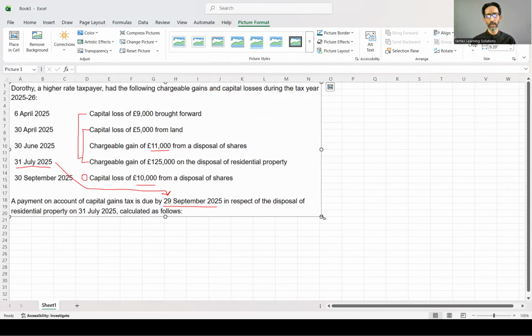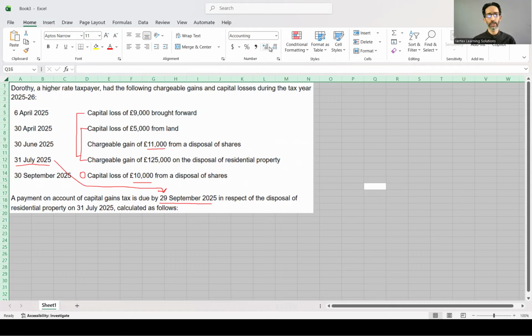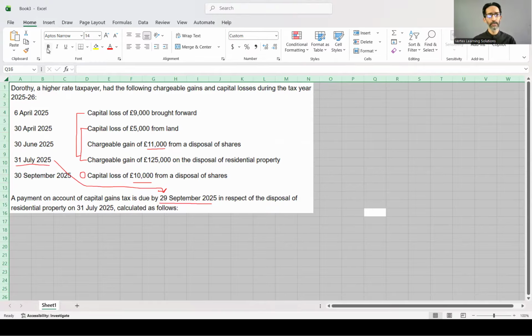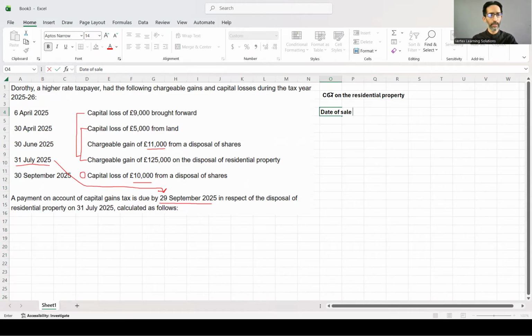Okay, so here's the question. This provides us plenty of space to do the calculations. So we have this CGT on the residential property. The date of sale is 31st of July 2025.